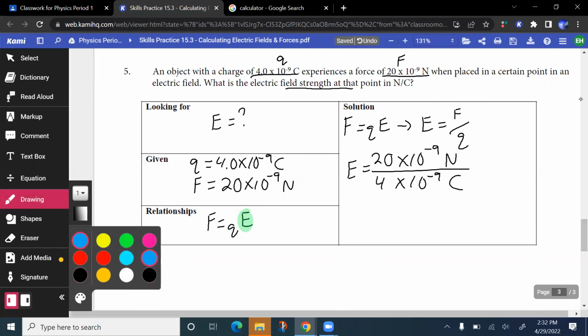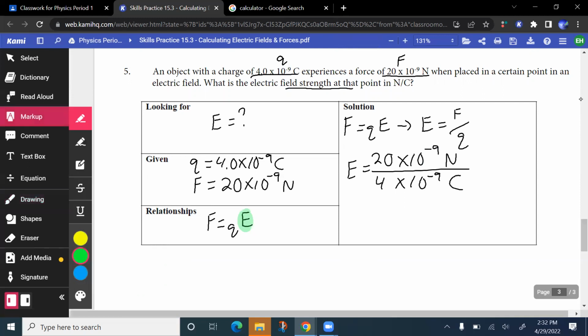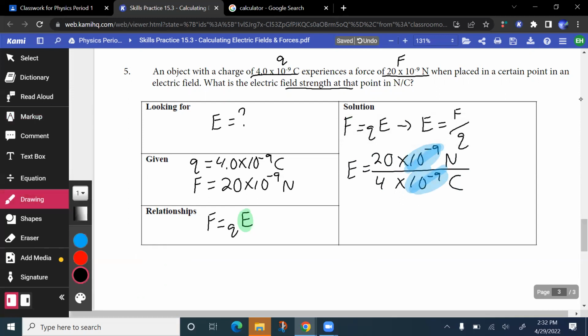You might notice there is a common 10 to the negative 9 right here and right here. Those two common terms are going to cancel, leaving you with 20 divided by 4, which would be 5 newtons per coulomb.